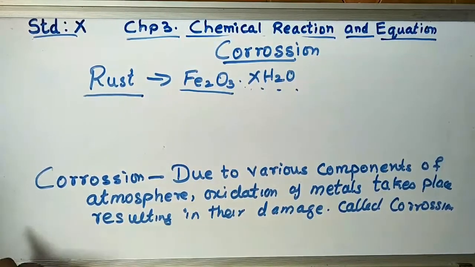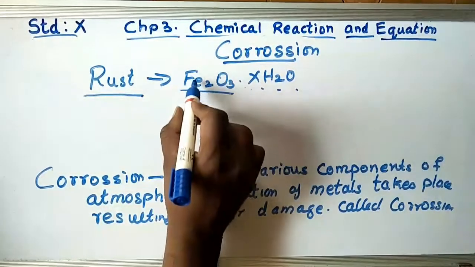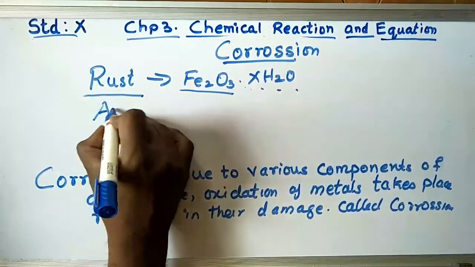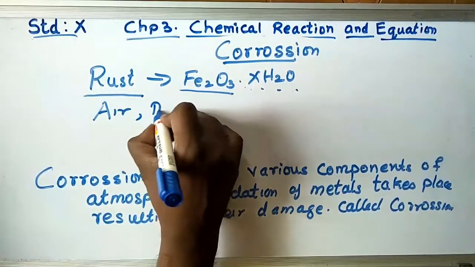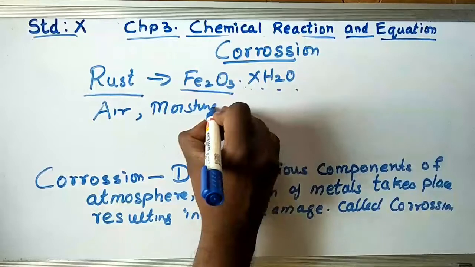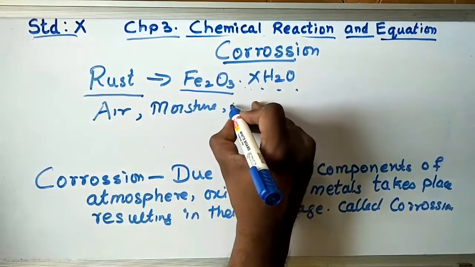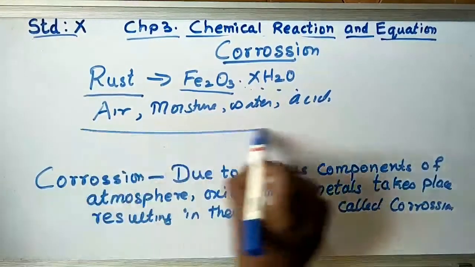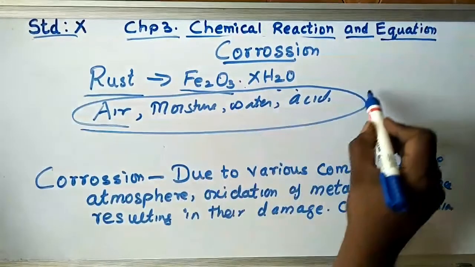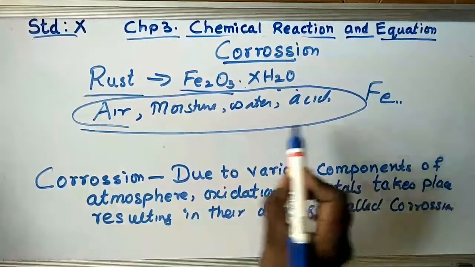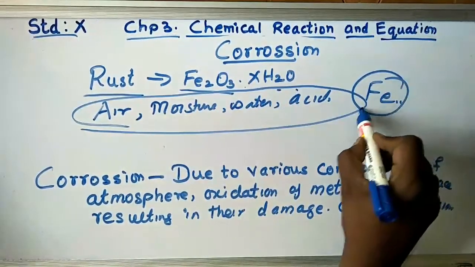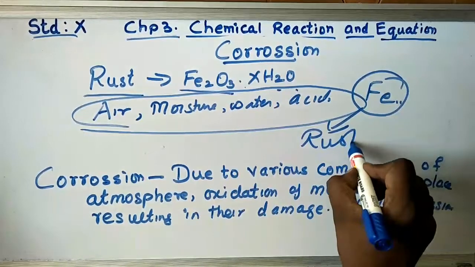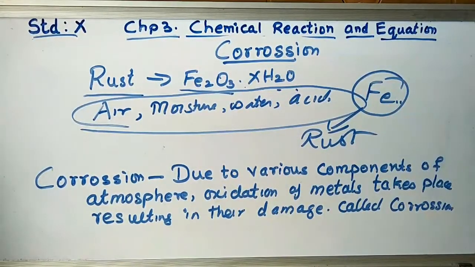Because the new vehicle has iron in it, but due to air, moisture, water, or acid, when any of these is mixed with that iron, after some days this iron will become rust. The rusting process takes place rapidly in the presence of salt also.